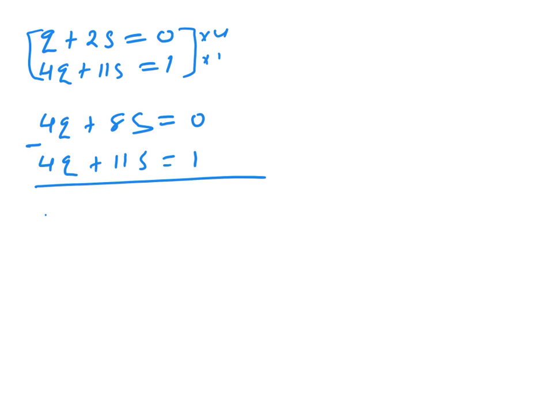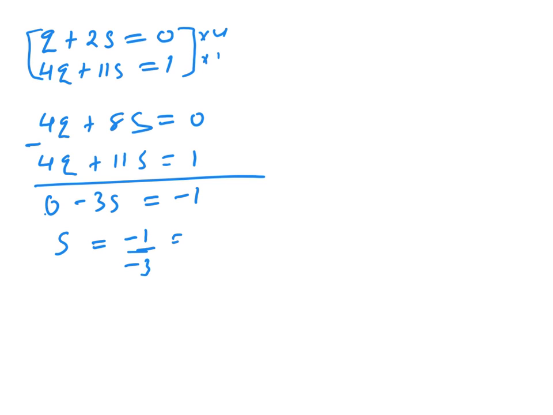Subtract these two. 4 minus 4 is 0. 8 minus 11 is negative 3S is equal to negative 1. So what is S? S is negative 1 divided by negative 3, and that is simply 1 over 3.